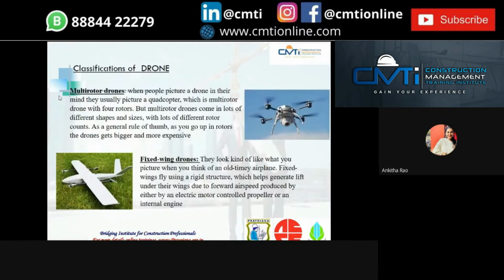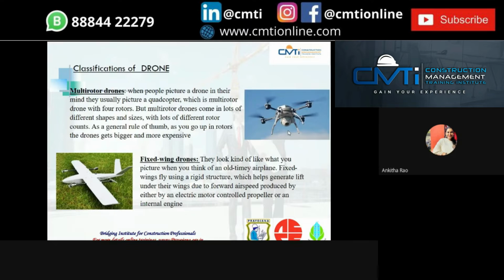Okay, this is the classification of drones. Drones are classified as multi-rotor drones and fixed-wing drones. Generally, when we say drone, the thing which comes to mind is a quadcopter. This is the picture. See, it has four propellers, so the name quadcopter.